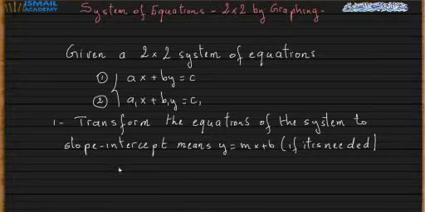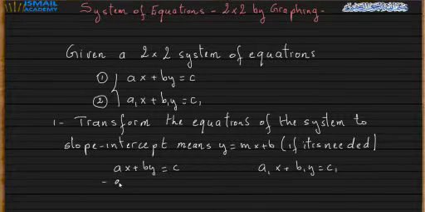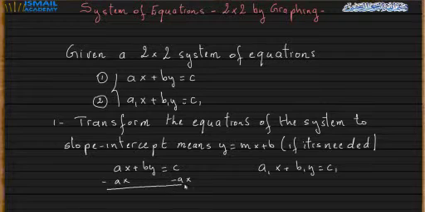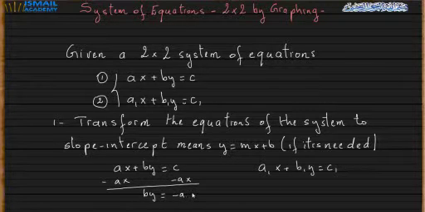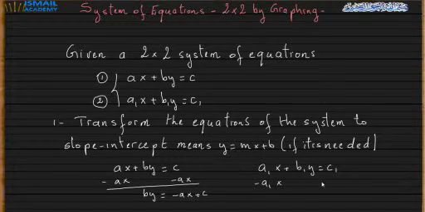So we have ax plus by equals c, and a1x plus b1y equals c1. I will subtract ax from both sides, so we get by equals minus ax plus c, and the same thing here, I will subtract a1x from both sides.